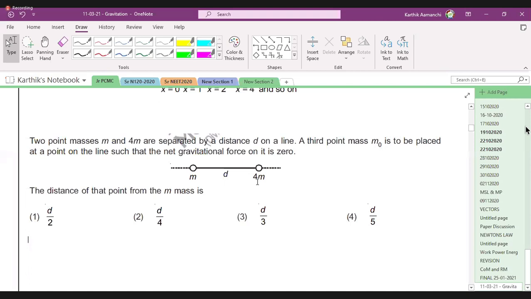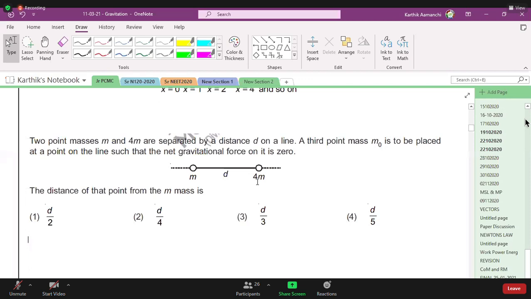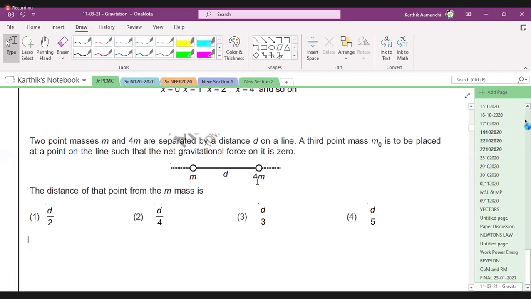If the radius of Earth shrinks by 1.5%, then the acceleration due to gravity changes by how much?